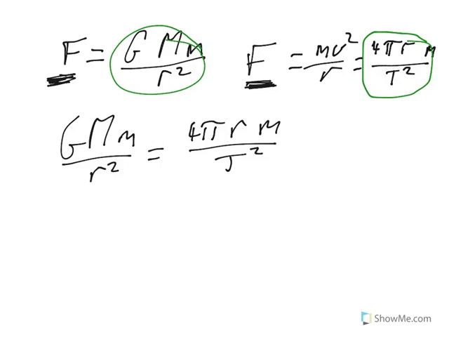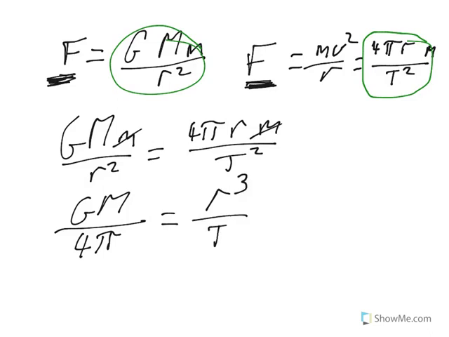And so what we then get, if we divide both sides by the little m, divide both sides by 4 pi squared, and multiply both sides by r squared, you get r cubed on t squared.